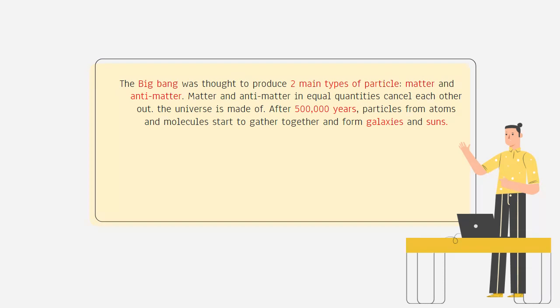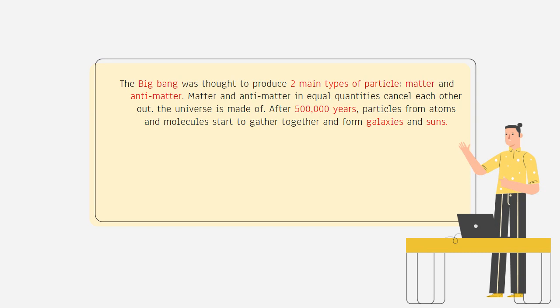After 5,000 years, particles from the atoms and molecules started to gather together and form the galaxies and the sun. Antimatter particles share the same mass as their matter counterparts, but qualities such as electric charge are opposite.